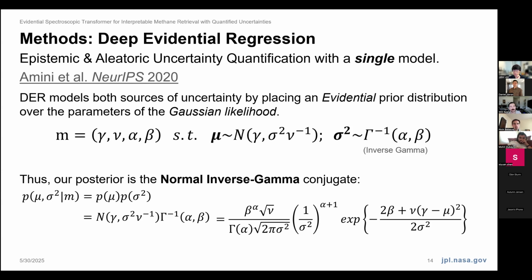If you're familiar with hierarchical Bayesian methods, that's exactly what's going on here. So our posterior is no longer Gaussian. It takes on a new form. With our evidential prior, we have a conjugate distribution called the normal inverse gamma, and it's given as such here. It's quite a monstrosity. Next slide.